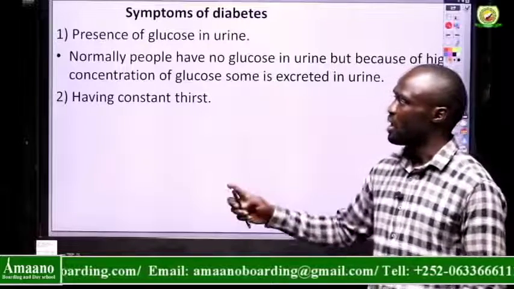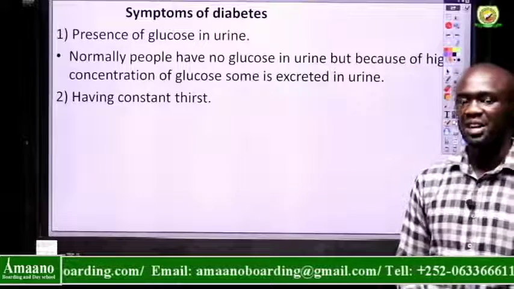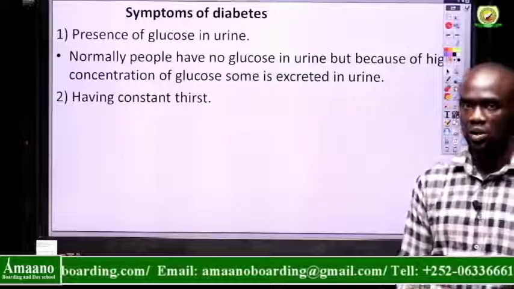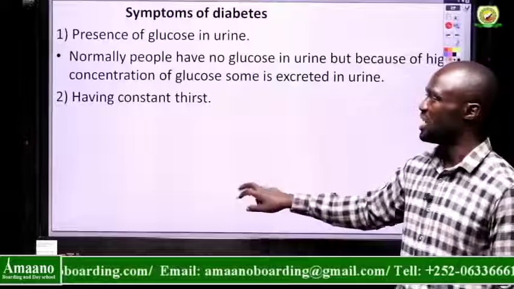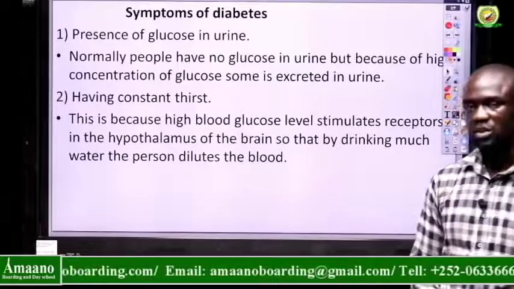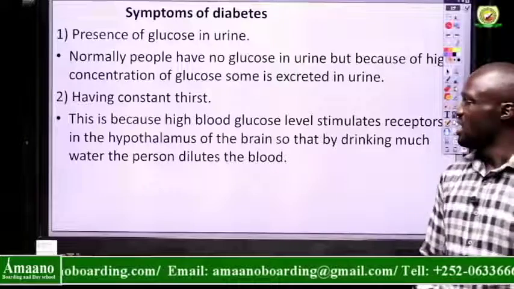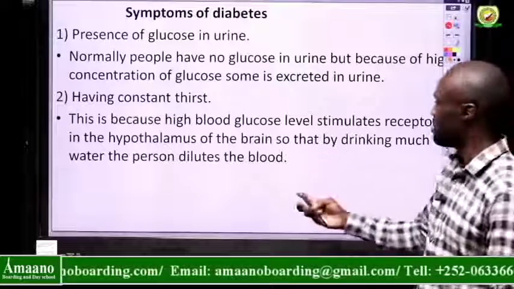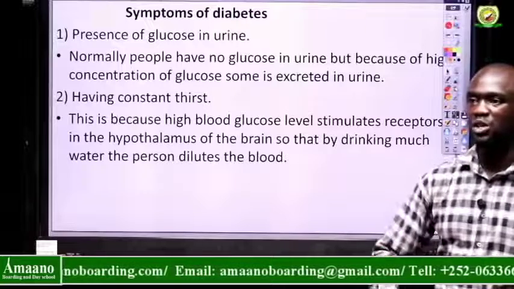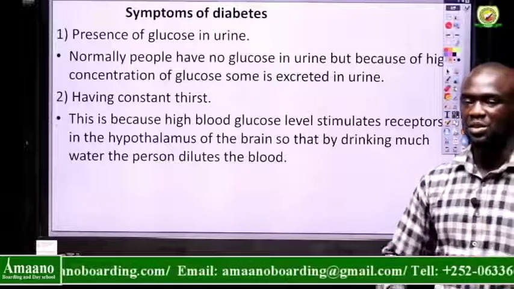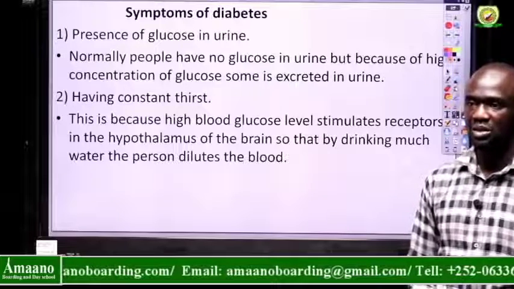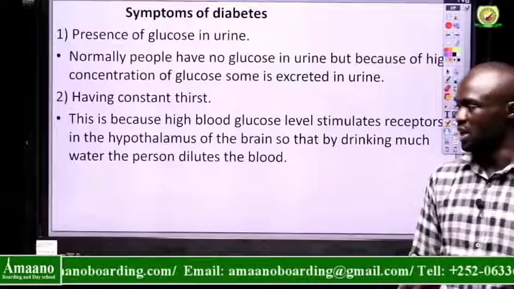Second, having constant thirst. All the time you feel thirsty, you need to drink water. What causes that is that high glucose level stimulates the receptors in the hypothalamus of the brain, making the person drink more water so that you can dilute the high glucose level in your blood.